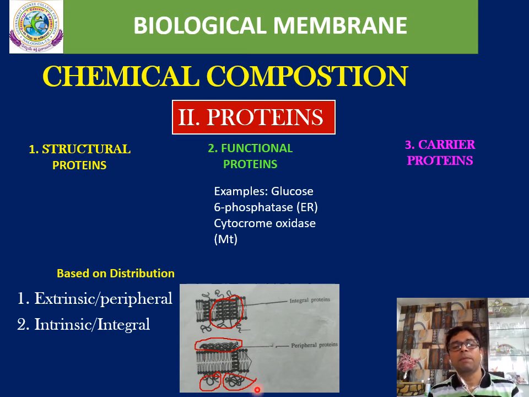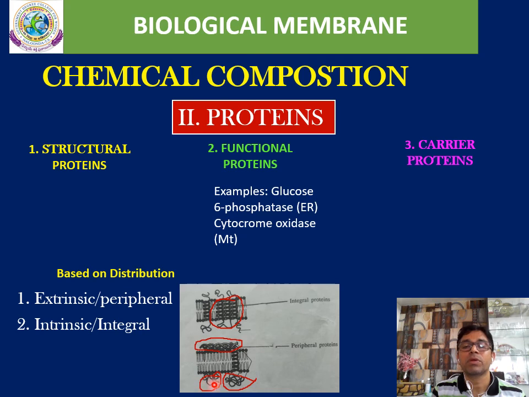In this way, based on their distribution in the plasma membrane, proteins have been classified into two types: extrinsic proteins and intrinsic proteins. Extrinsic proteins are also known as peripheral proteins. They are present on either side of the lipid bilayer.